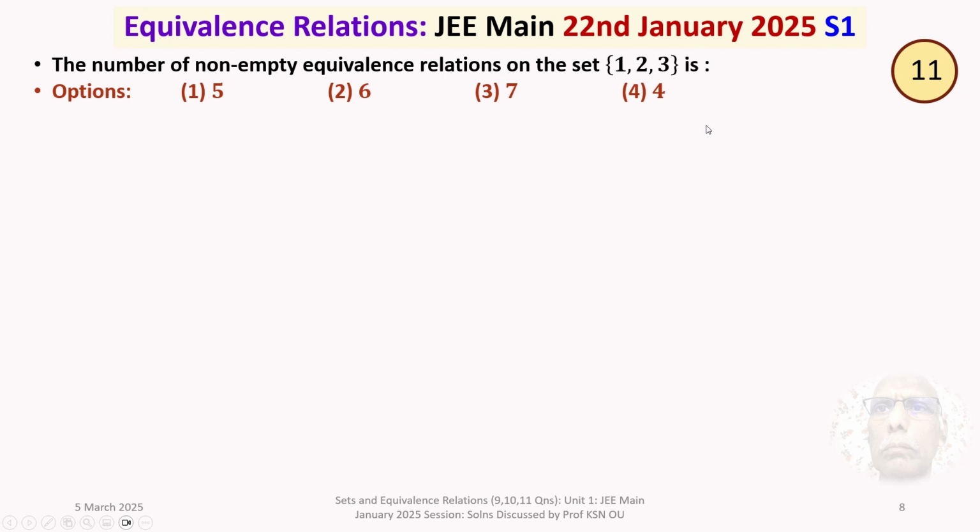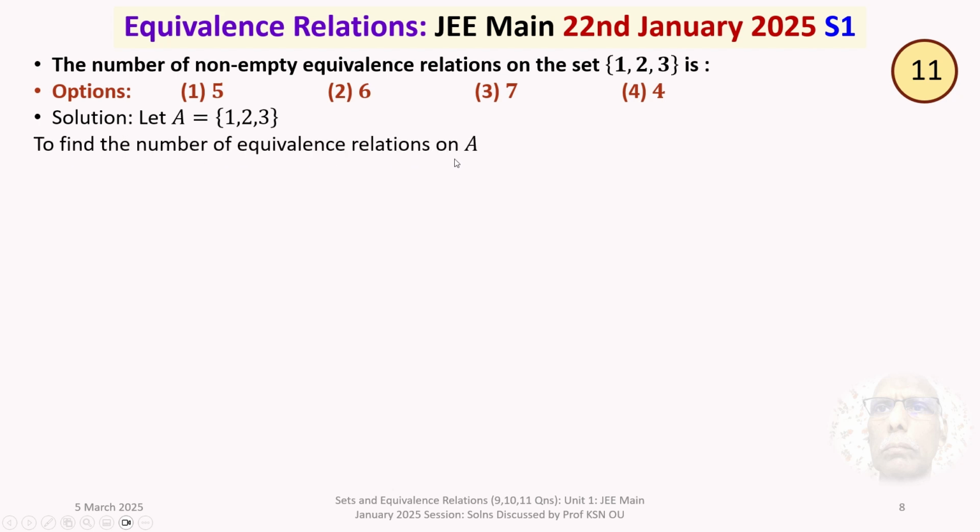Right. So, let's now discuss the solution of the problem in detail. Let A be the set consisting of 1, 2, 3. Right. And to find the number of equivalence relations on A.